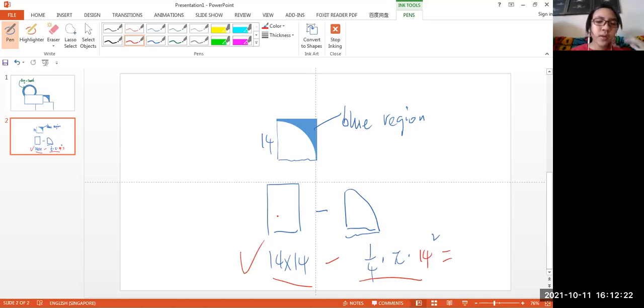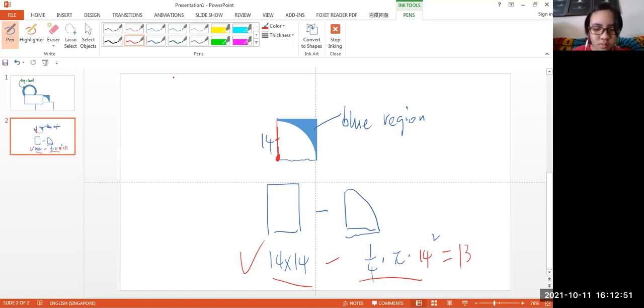Is 14 the radius? Yes. So what's the answer? 153.909.